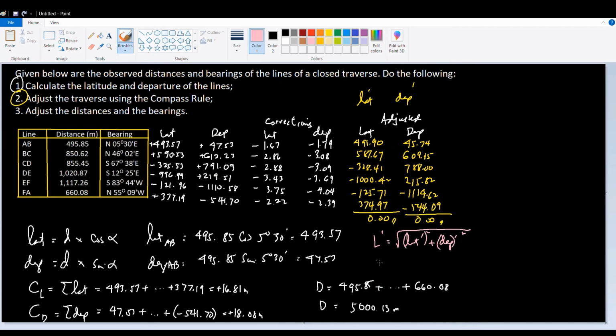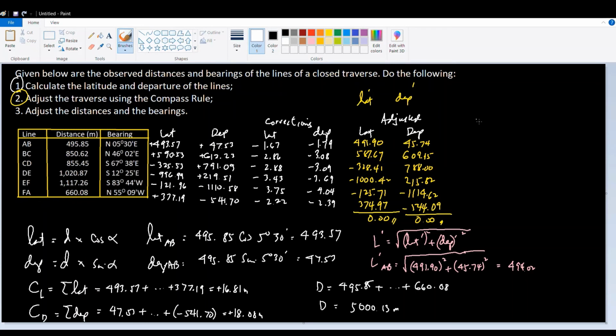So the adjusted length of line AB will be equal to the square root of 491.90 squared plus 45.74 squared. And that should give us 494.02.